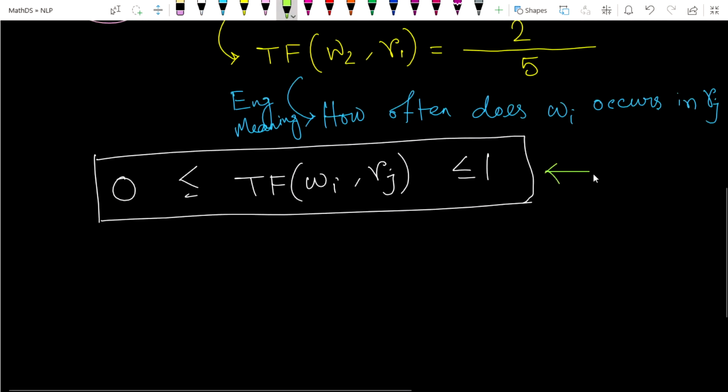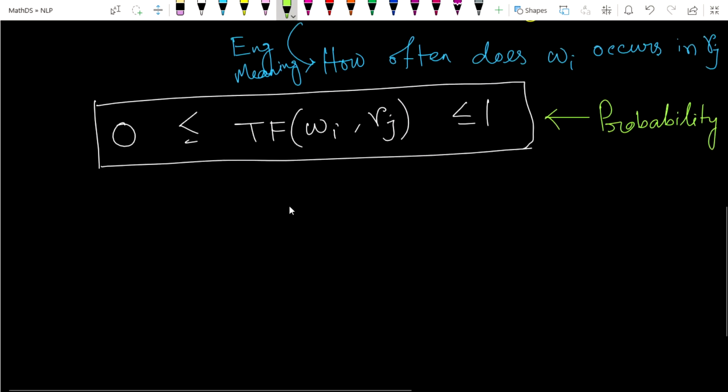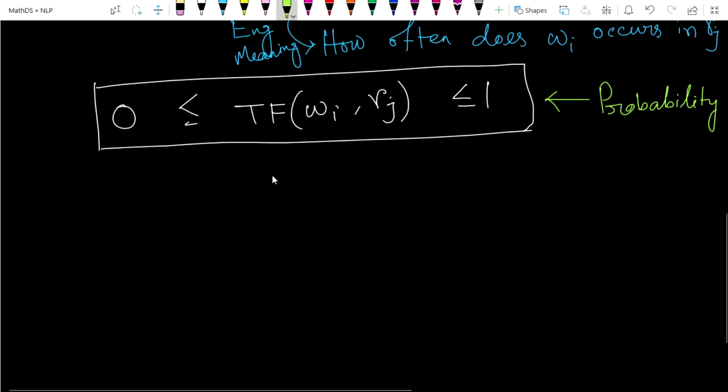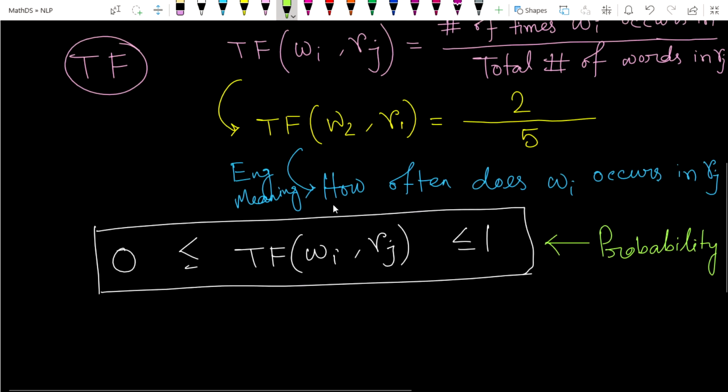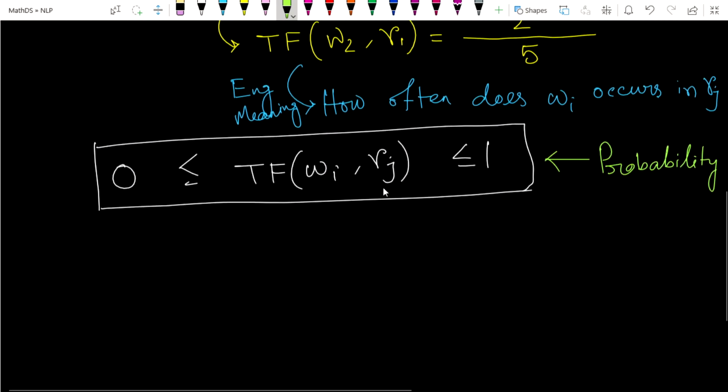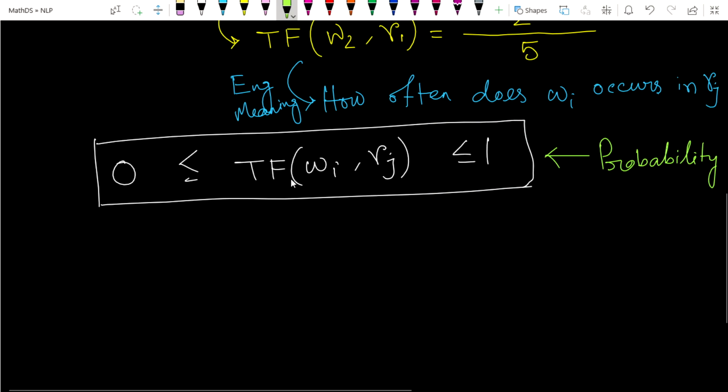Think of it as a probabilistic type of concept. So TF internally gives us how often a word wi occurs in a particular text or particular document. That's the main job that TF is doing.